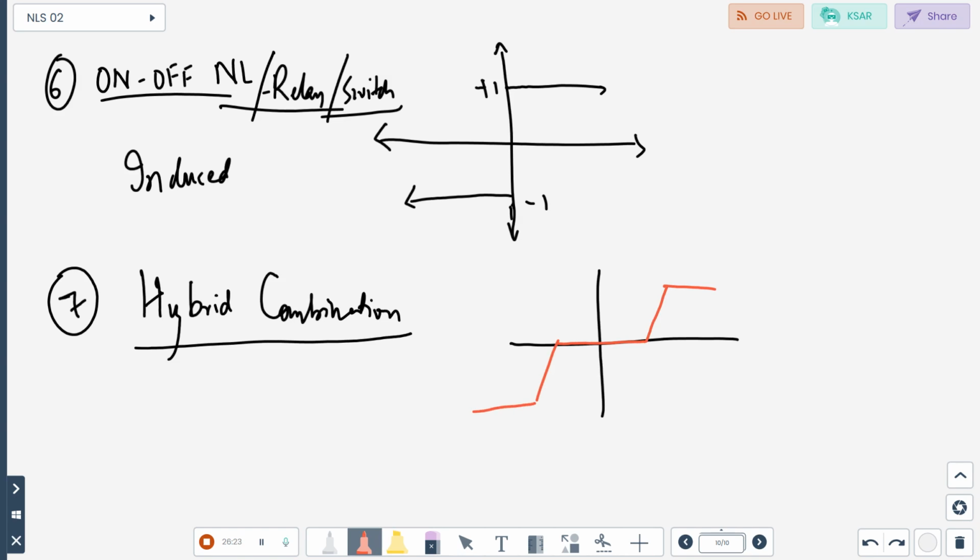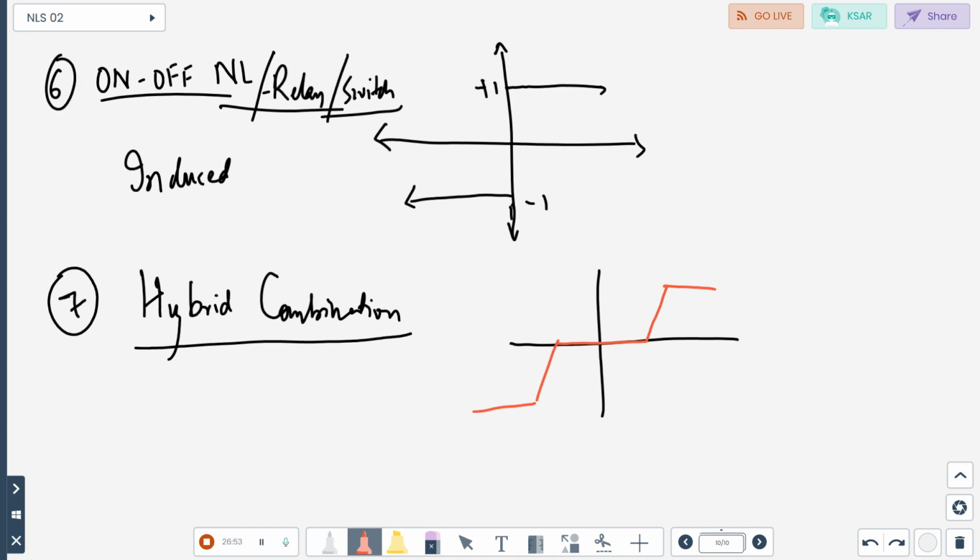You can now have a combination of these nonlinearities occurring in many systems: a dead zone with a hysteresis, a dead zone with on-off nonlinearity, a dead zone with backlash. So these combinations can also be found in different types of nonlinear devices.